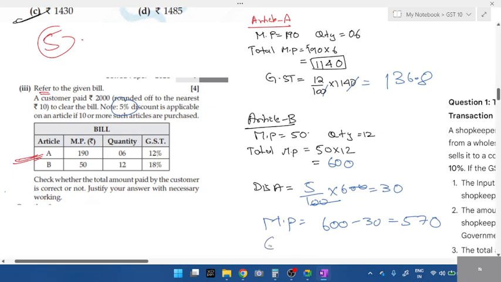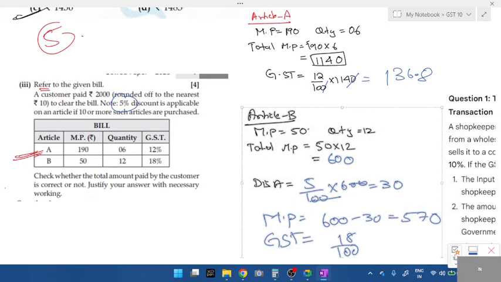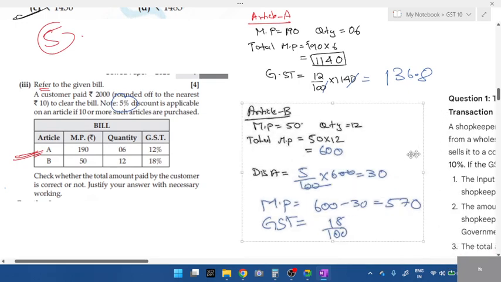In 570, calculate GST. GST is equal to 18 divided by 100 into 570. The 0 and 0 get cancelled. Multiply 57.